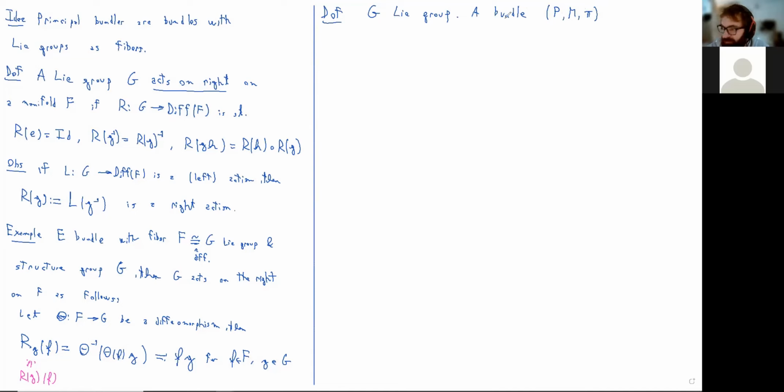P will stand for principal, with fiber G and structure group G. So there's this intertwining thing, that the structure group is the same as the fiber.